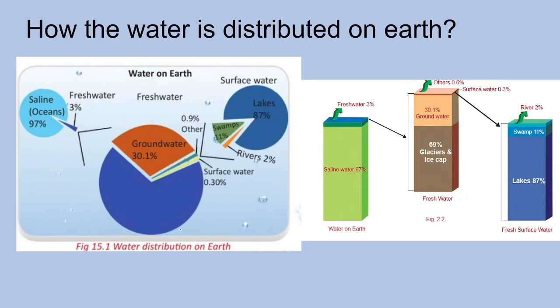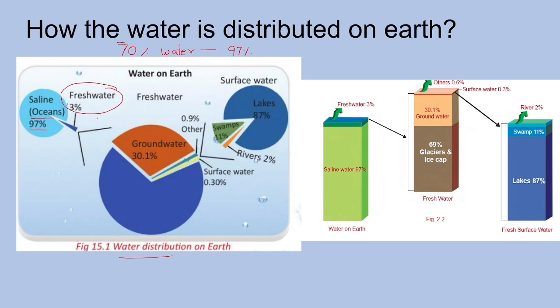This figure shows the total availability of water on the earth, or how the water is distributed on the earth. As I have already told you, out of the 70% of the surface which is made up of water, 97% of it is in the form of salty water, that is in the form of ocean and sea, and the remaining 3% is fresh water.